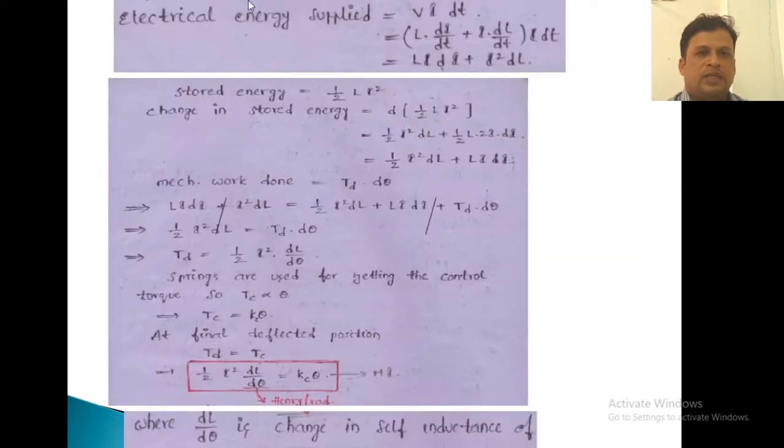The electric energy supplied is given by V I dt, with respect to time. We can write L di/dt plus I dL/dt, into I dt, and after simplification we get this equation. Stored energy is half L I squared. Change in stored energy is d of half L I squared, which gives half I squared dL plus L I dI.